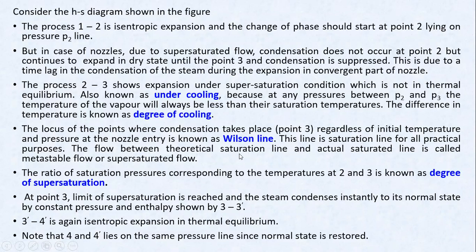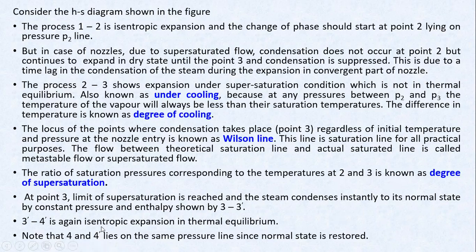As I said, the flow between the theoretical saturation line and the actual saturation line is known as the metastable flow. Also, the ratio of the saturation pressures corresponding to the temperatures at 2 and 3 is known as the degree of supersaturation. That means the temperature will not be the saturation temperature; it will be less than that. At point 3, the limit of supersaturation is reached and the steam condenses in the normal state.